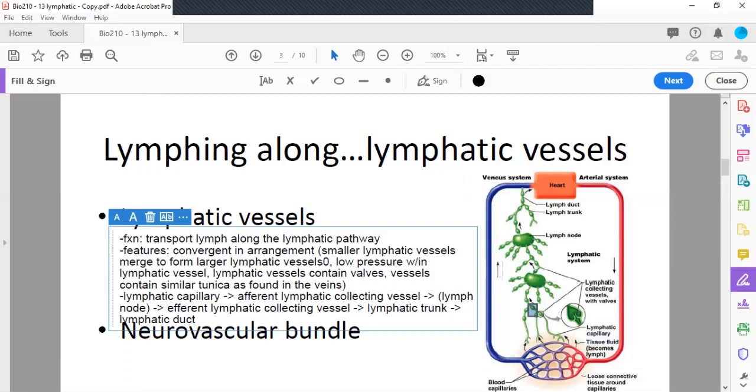The efferent lymphatic collecting vessels drain out of the lymph node and carry everything back into the lymphatic trunk, which is bigger.